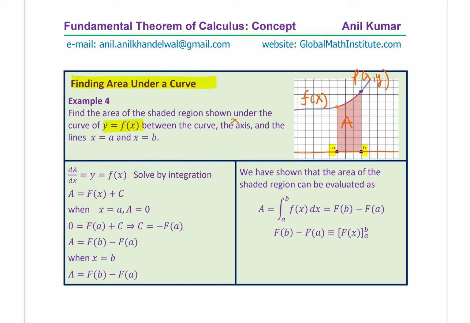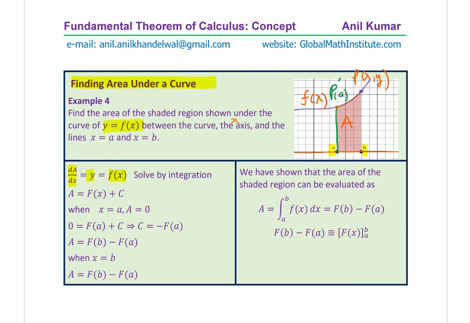Now from the fundamental theorem of calculus part 1, we know that dA/dx is equal to the function itself, which is f of x. When this point P is at position a, the area is 0 because the width is 0.